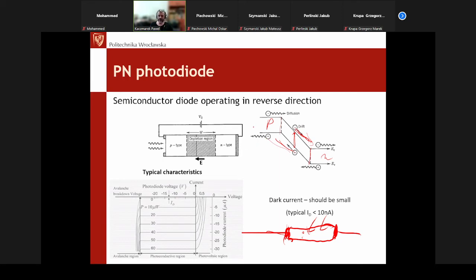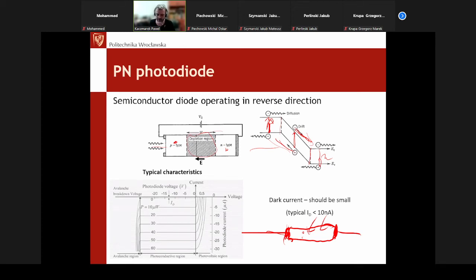But what will happen if the photon will be absorbed in this region or this region? Yeah, so we are creating the electron hole pair here or here, because we have no guarantee that the photon will be absorbed only in depletion region. It can be absorbed on the whole depth of this structure.